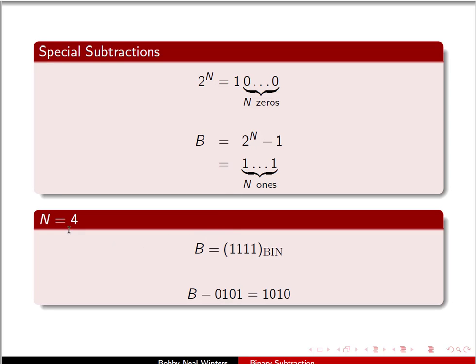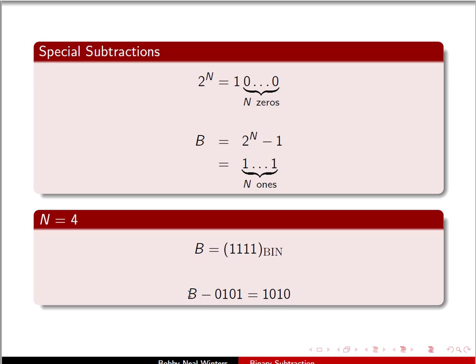Now, let's take n equal to 4. When we take n equal to 4, our B becomes 1, 1, 1, 1, right? Just 4 ones, and I'll denote it to remind us this is binary. Now, let's do a subtraction from this.